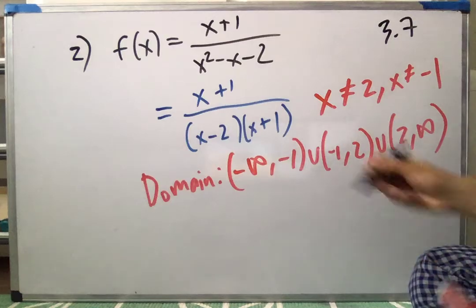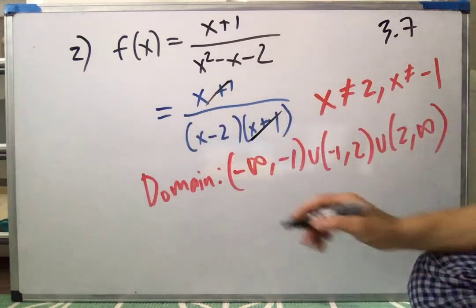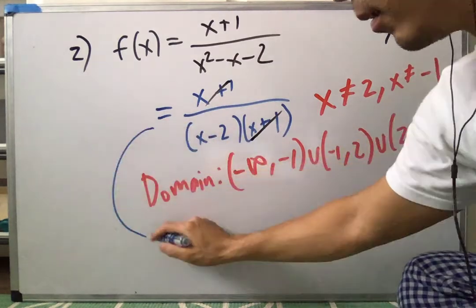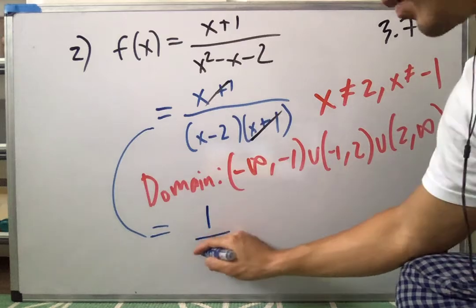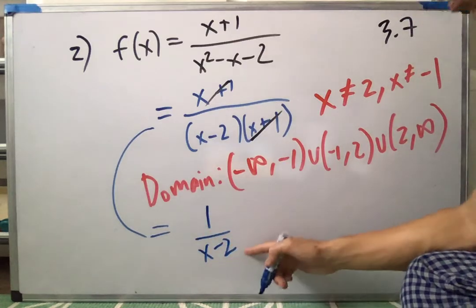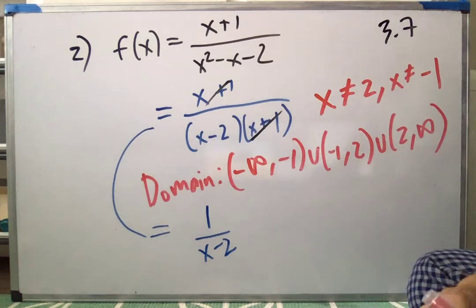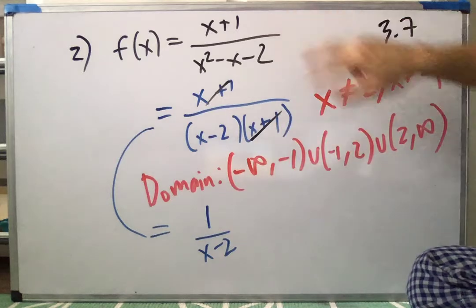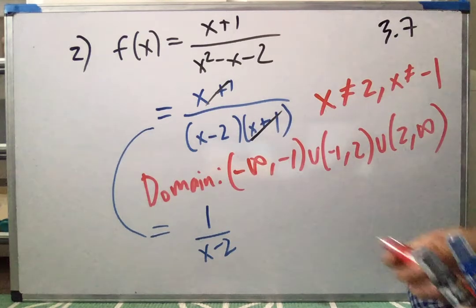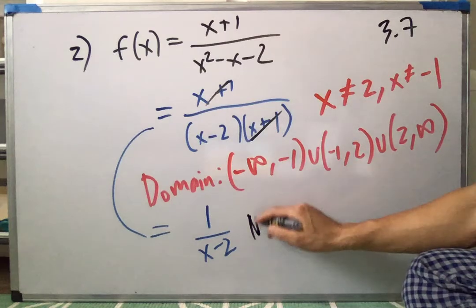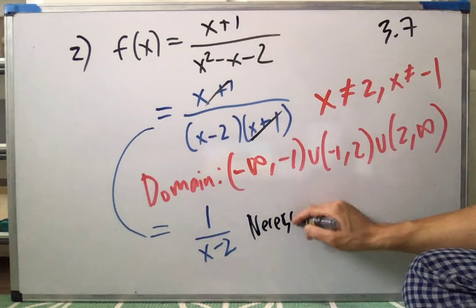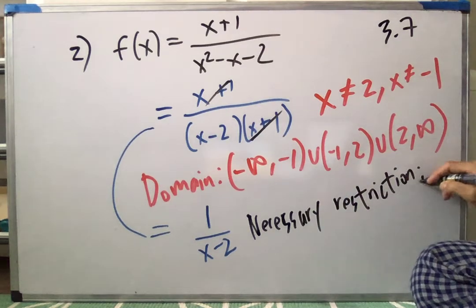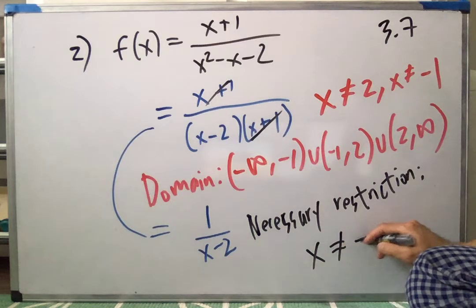Now, from here, I can simplify though, right? Because x plus 1 is going to cancel. So my original function is actually equal to 1 over x minus 2, right? So this is the end result of my function, but I have to keep in mind that this is the equivalent version of my original function, except for one caveat, that I have this necessary restriction, which is that x cannot be equal to negative 1.